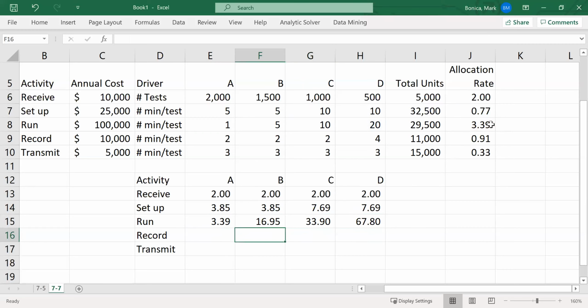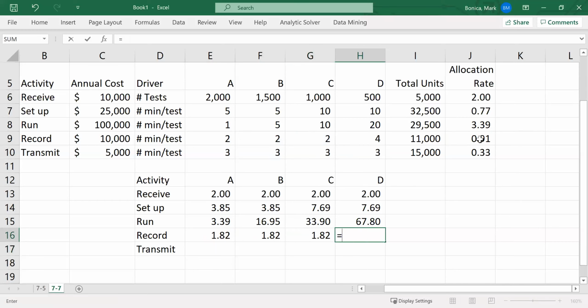Finally, recording, not finally, second to last, recording for A is 2 minutes times a cost of 91 cents per minute. For B, it's 2 minutes times 91 cents. For C, it's 2 minutes times 91 cents.